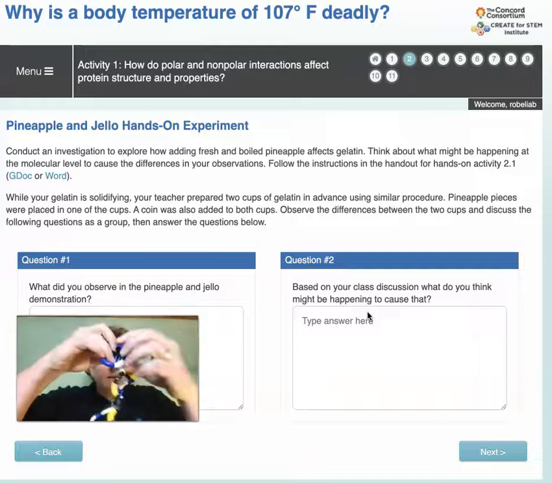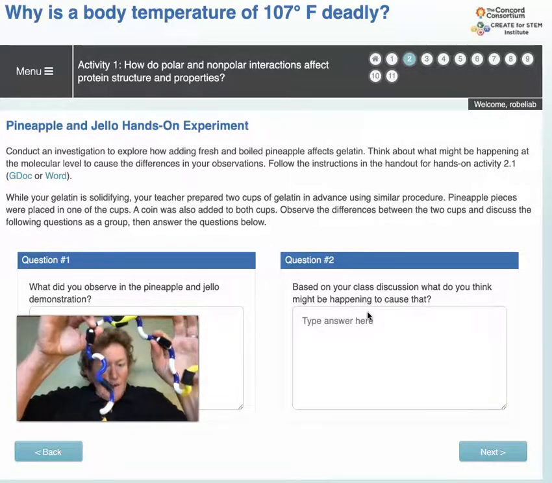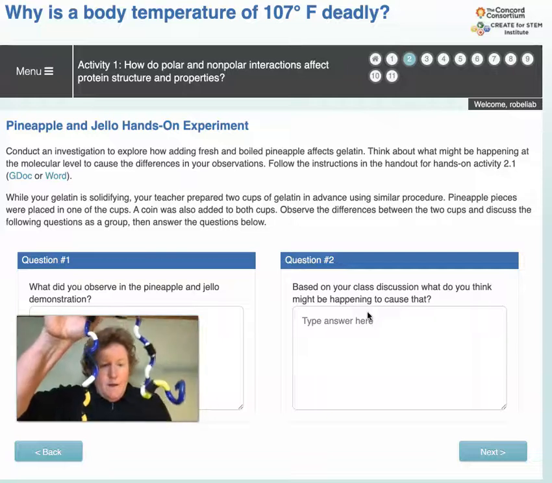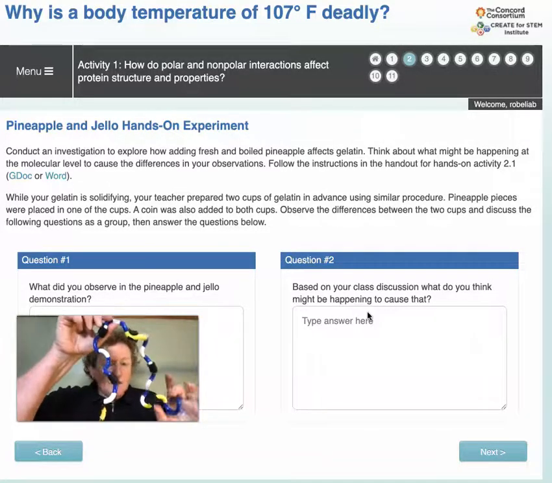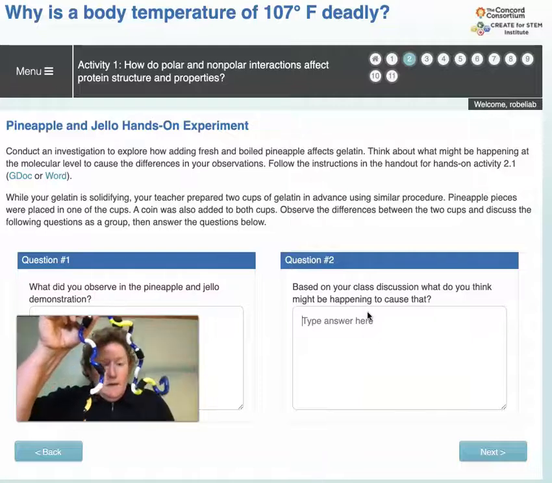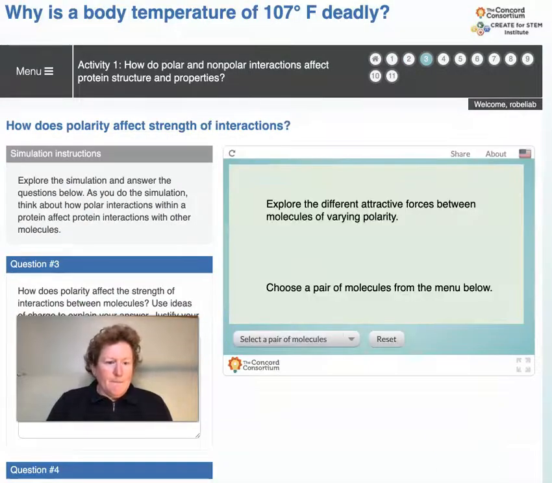And the protein can change its shape. And when a protein has a different shape, we're going to learn about how its function may change. When it has a different shape or a different form, it may have a different function. So you can put that for question number 2. Gave you a big hint there.